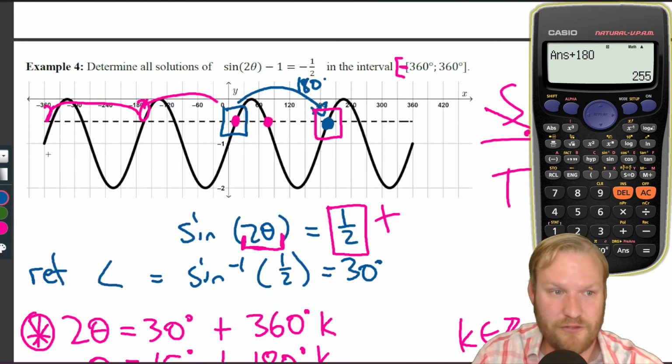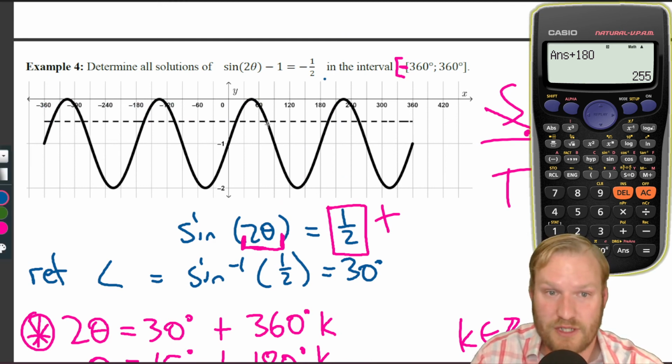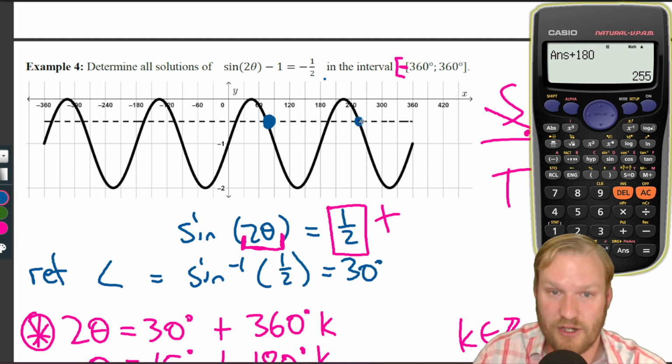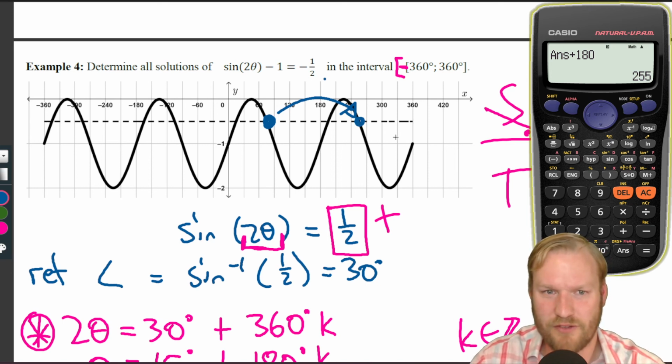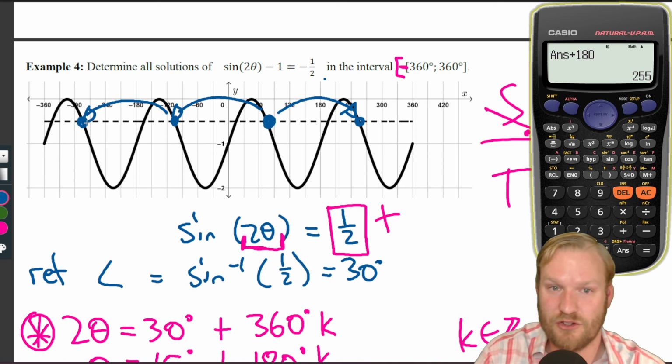On our graph, 75 was our second solution, and our next one is 180 degrees that way, and that looks about right, 255. But we can also go left by 180 and left by another 180 to get our other solutions.